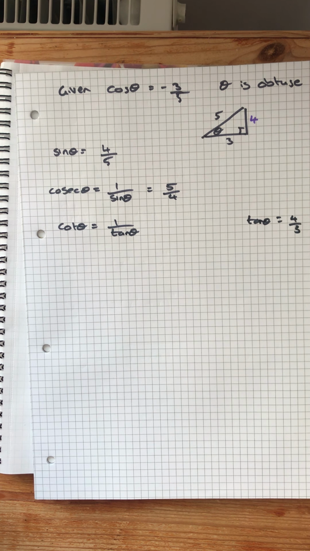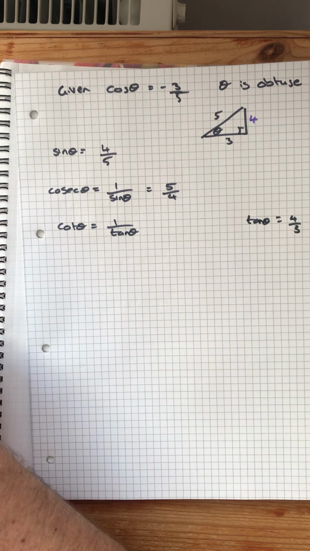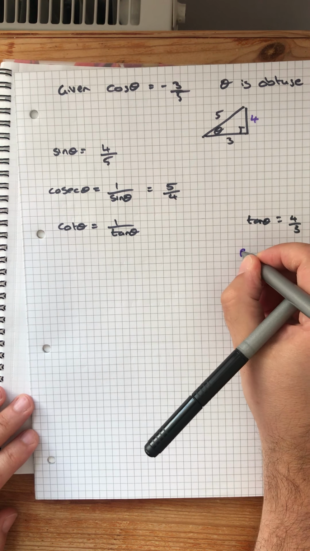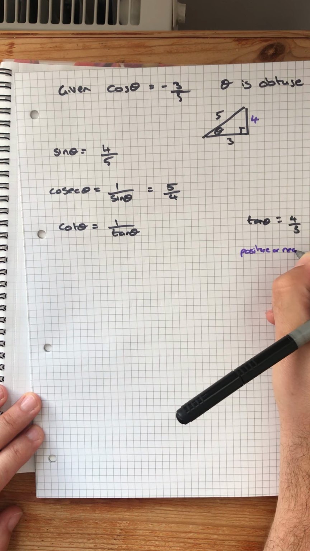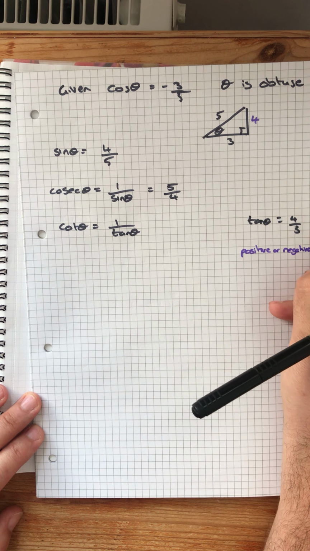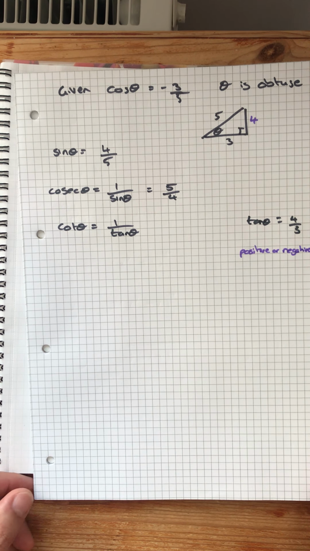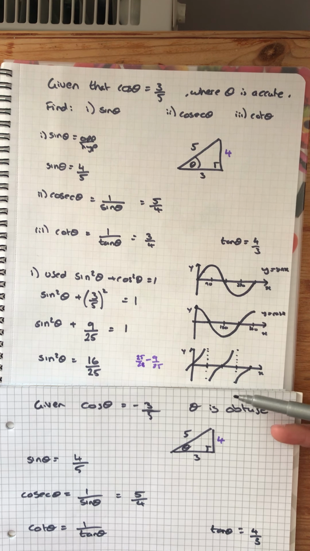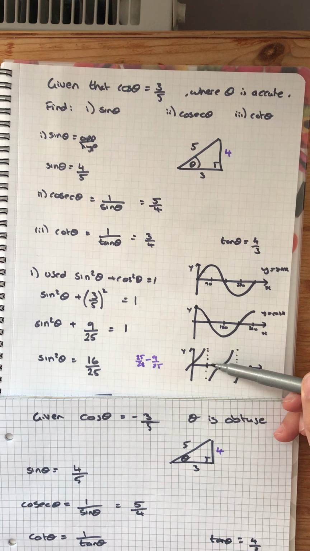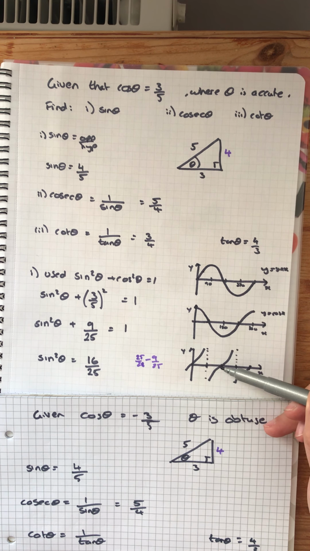But is it positive or is it negative? And that's what you need to always just think about before you rush on. Is it positive or negative ratios? So that's why I look at my graph. So we just slide down and look at the tan graph. Now between 90 and 180, so there's my 90, there's my 180, tan is below the axes.